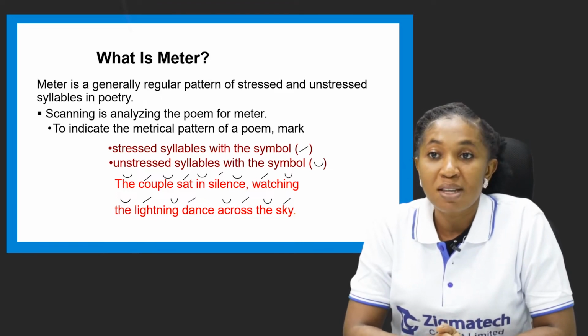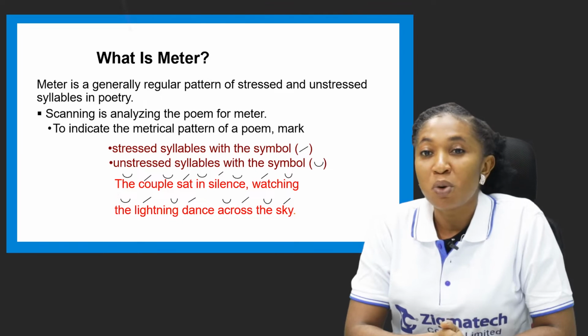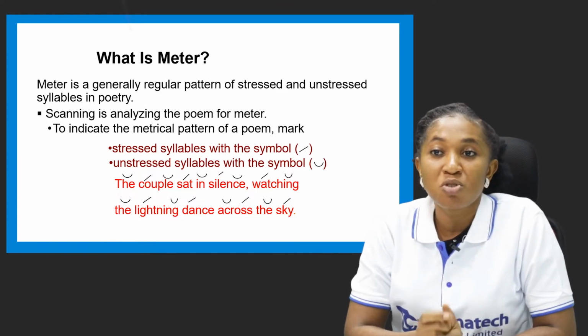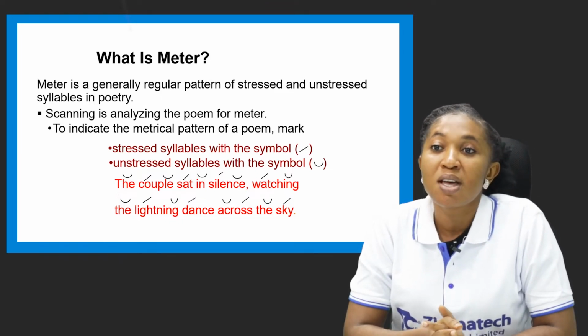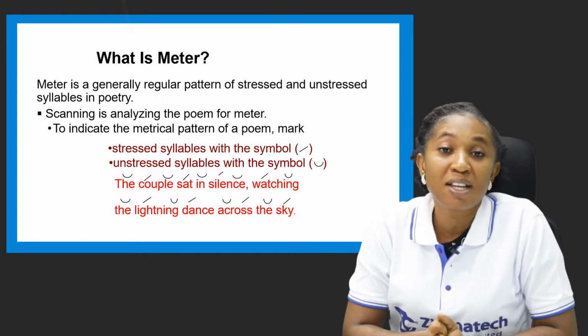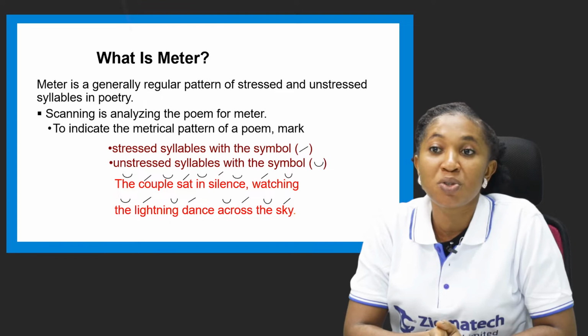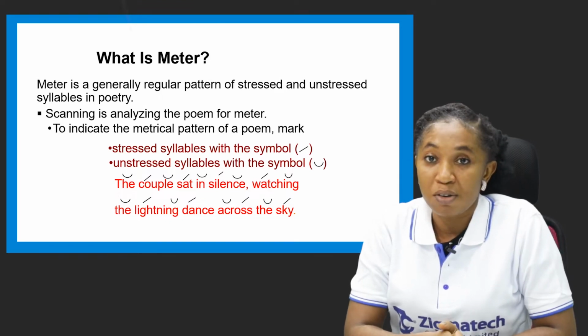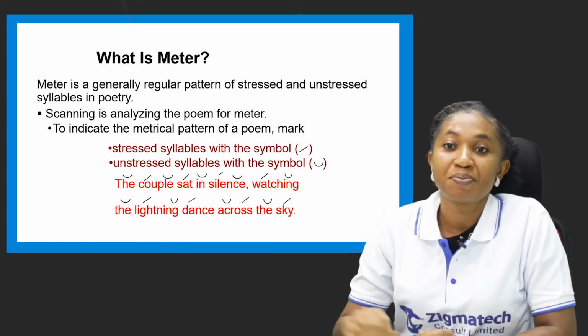What do we mean by these? Going forward, to indicate stressed syllables, we're going to use the forward stroke, and to indicate unstressed syllables, we're going to use the upward curve. So take note.